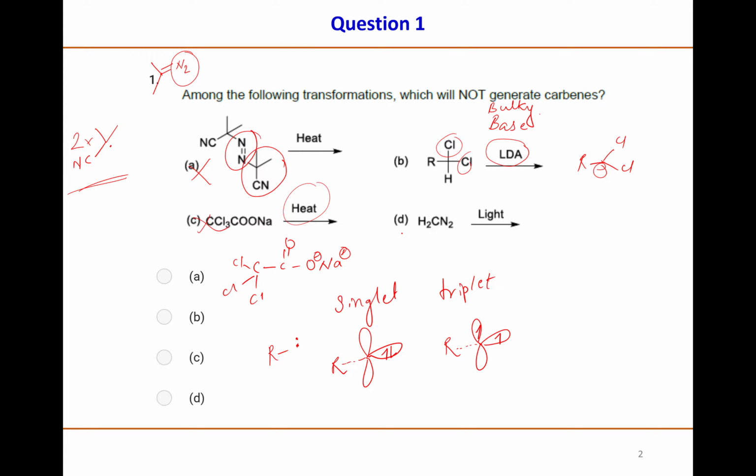Now let's talk about D, which is shown here, CH2N2. We can write it this way. I told you that diazo forms carbene when it's attached to a single carbon. Here you can see that we have a single carbon, right? So because of this, the bond breaking will take place.